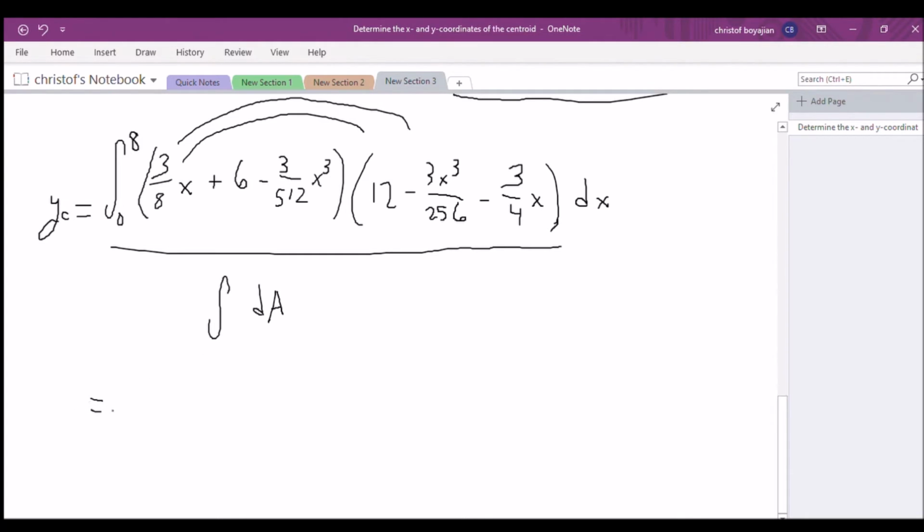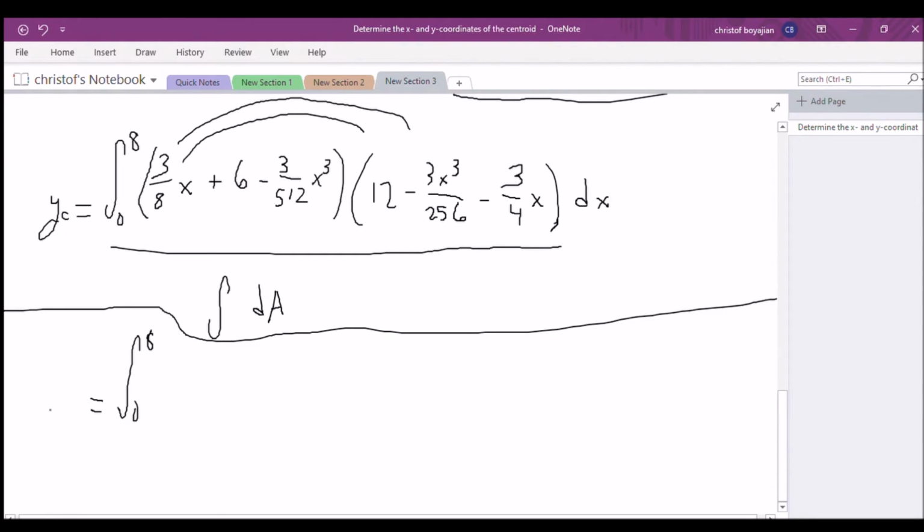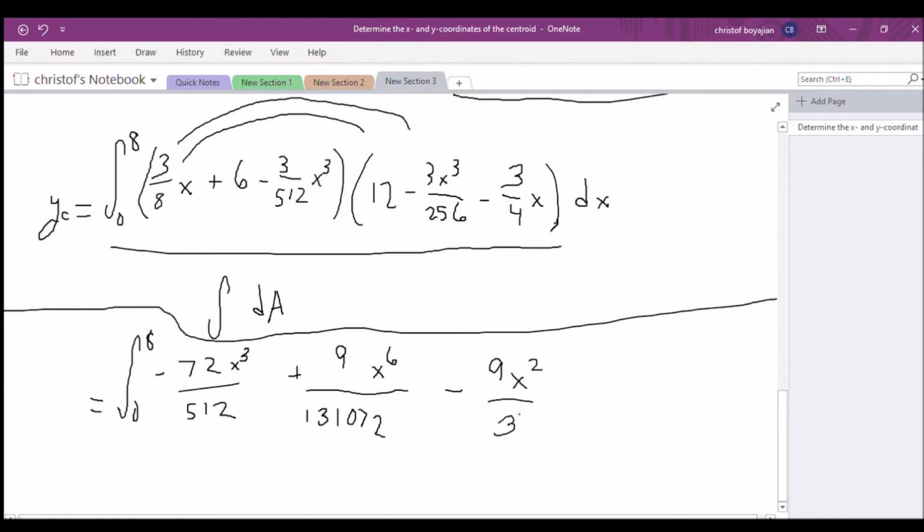If you simplify this correctly, the integral from 0 to 8 is negative 72 over 512 x cubed plus 9 over, now this is going to be a large number, 131,072 x to the 6th, minus 9x squared over 32 plus 72.